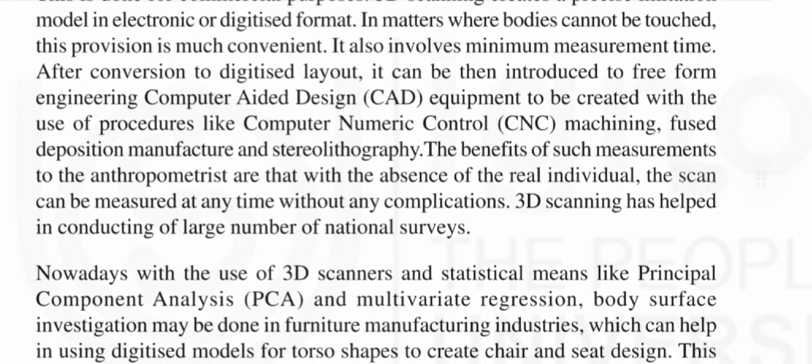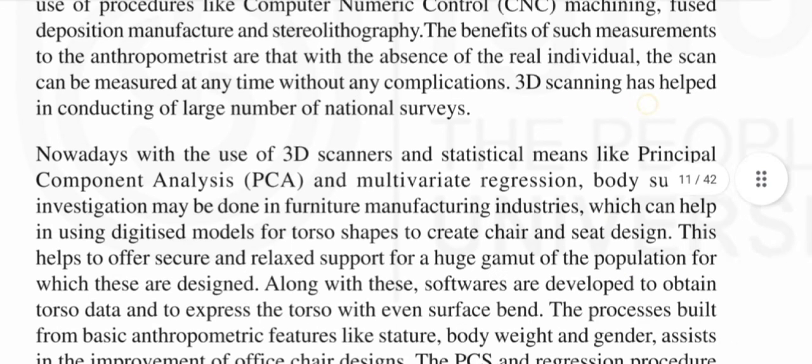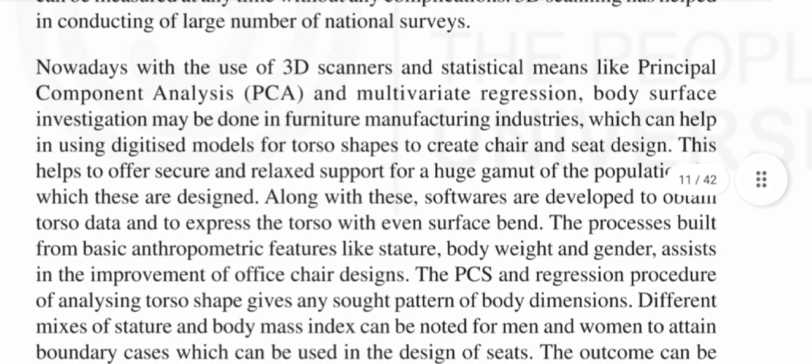3D scanning has helped in conducting a large number of national surveys. Nowadays, with the use of 3D scanners and statistical means like principal component analysis (PCA) and multivariate regression, body surface investigation may be done in furniture manufacturing industries, which can help in using digitized models for torso shapes to create chair and seat size or seat designs.